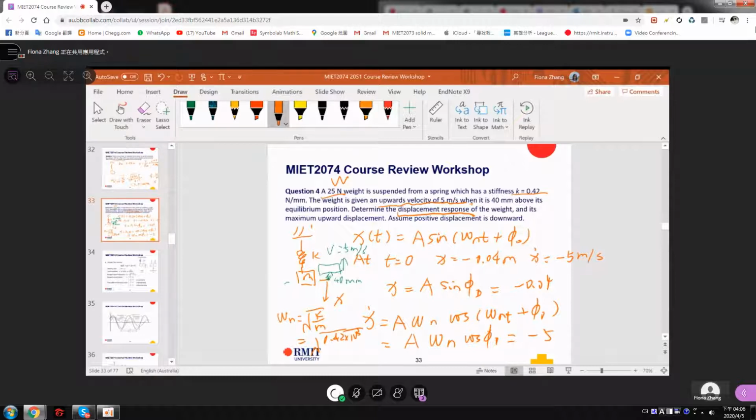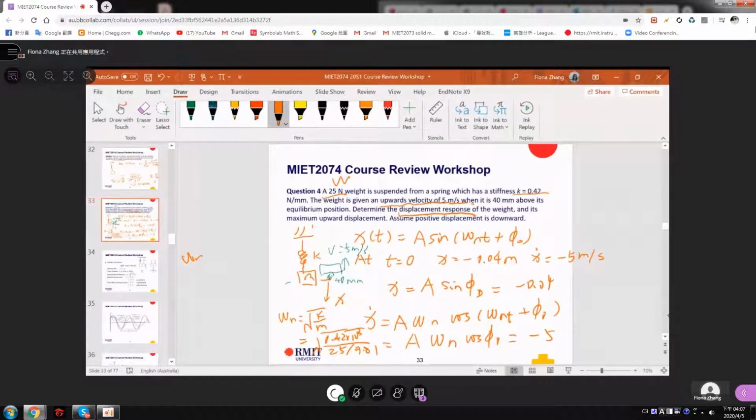You change to Newton per meter, over m. M is 25 divided by 9.81. So you get omega n equal to 12.83 radians per second. So you have derived this.